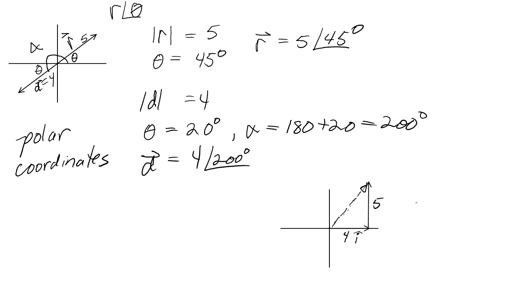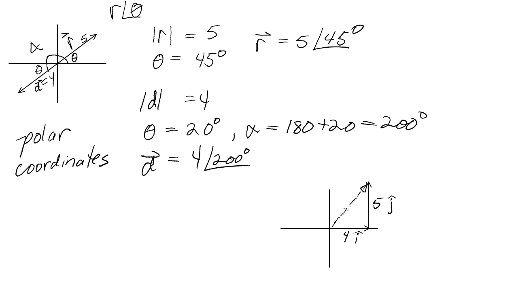This is in the i direction, and this is the j component. So maybe you're used to calling it x and y. i is really the x-axis projection, and j is the y-axis projection.